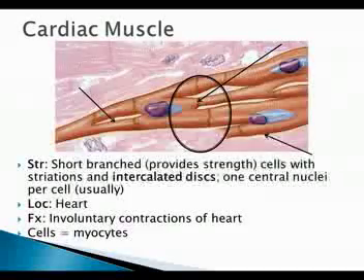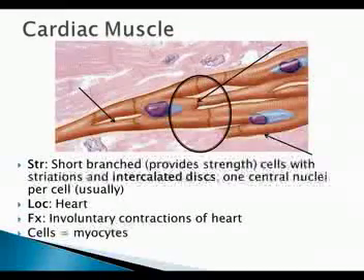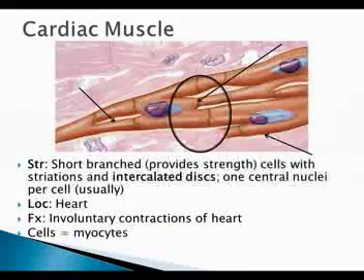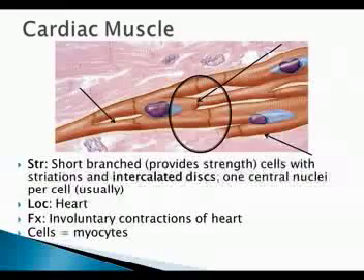So if you look at the structure of it, it's branched, it's relatively short, especially compared to skeletal muscle, and it has striations similar to skeletal. And the really big thing to note are those brown markings, which are intercalated discs.